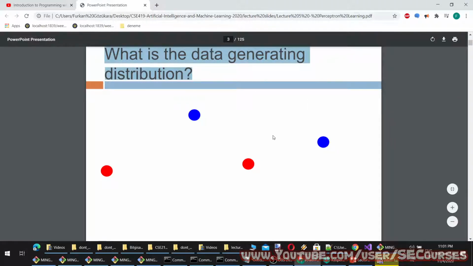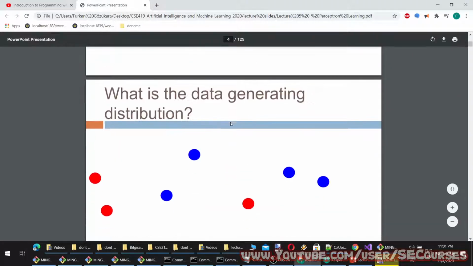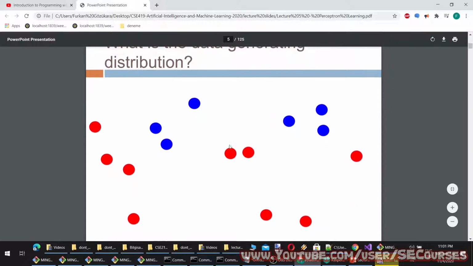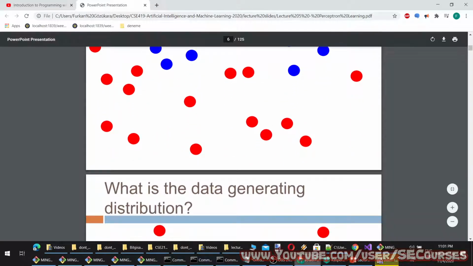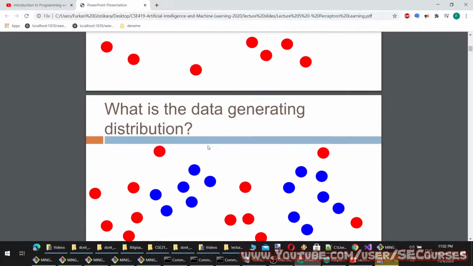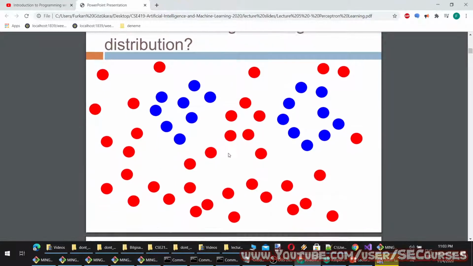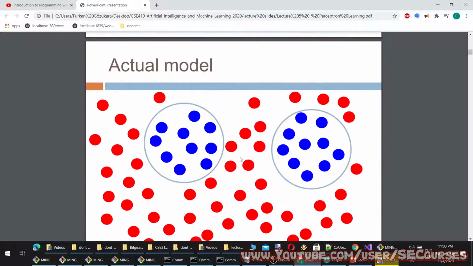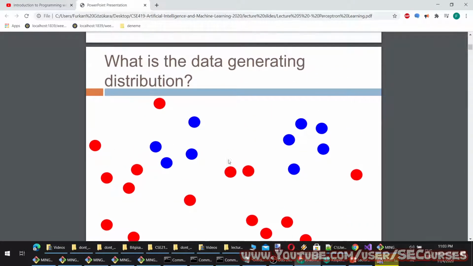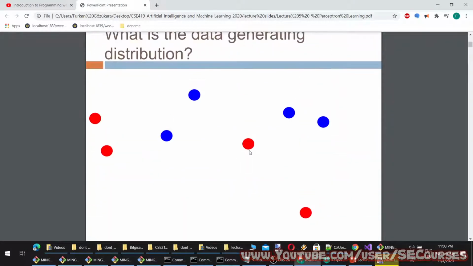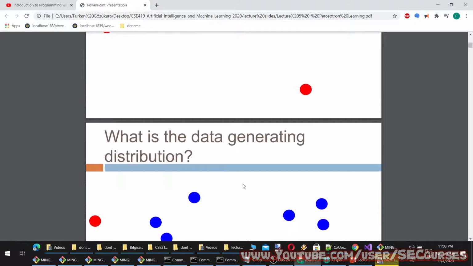What is the data generating distribution? You see that we are generating a data set for our training. So the data generation and data distribution is an important part of machine learning, especially in training.